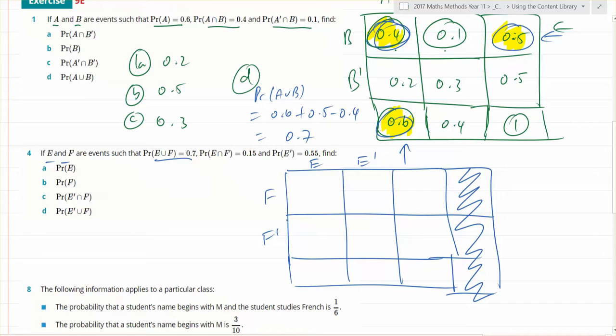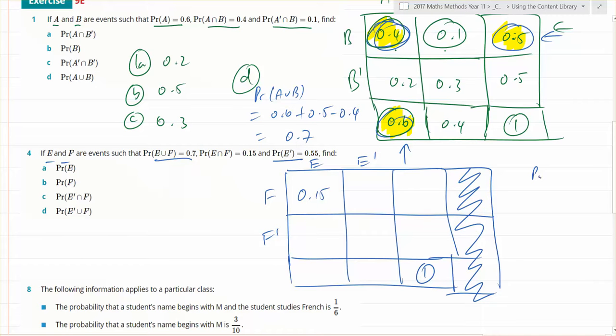These are probabilities, so they sum up to 1. Now I know that E intersection F is 0.15. That's given. We're also given E union F is 0.7. We'll deal with that a bit later. We'll use not E is 0.55.